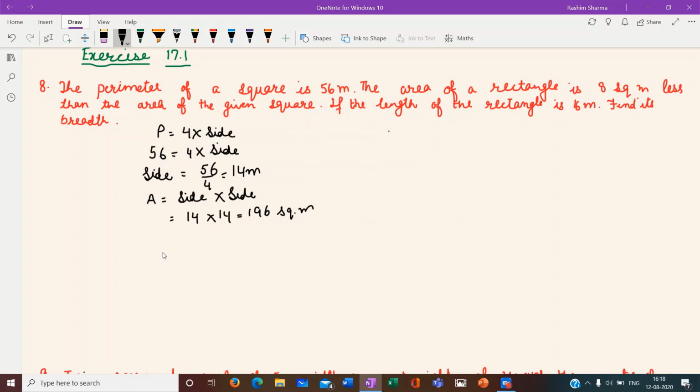Alright, now according to the question, the area of the rectangle is 8 square meter less than the area of the given square. It means we can write area of rectangle is equal to area of square minus 8 square meter.